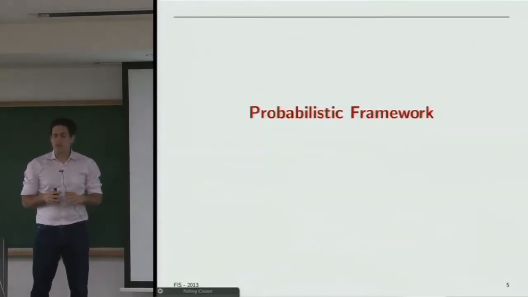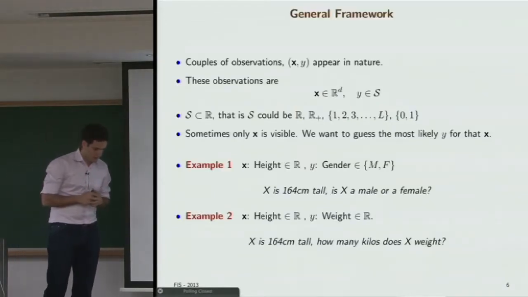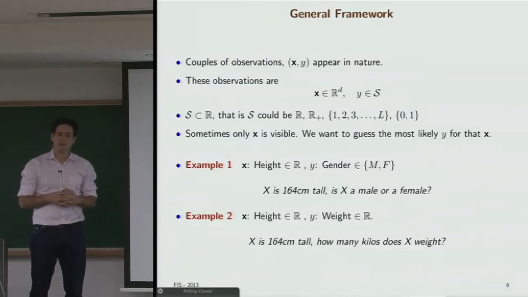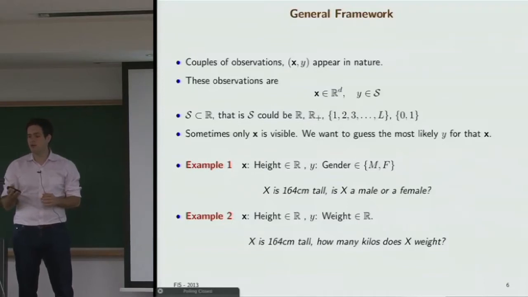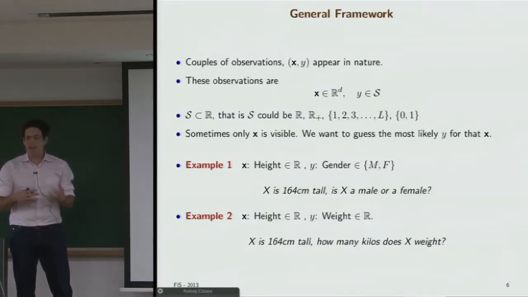So to do that, we will use a probabilistic framework in the next lectures. I will define it better because so far I was intentionally leaving it a bit unclear. I wanted to focus more on the algorithms so that you have a better idea of mathematically how they work.